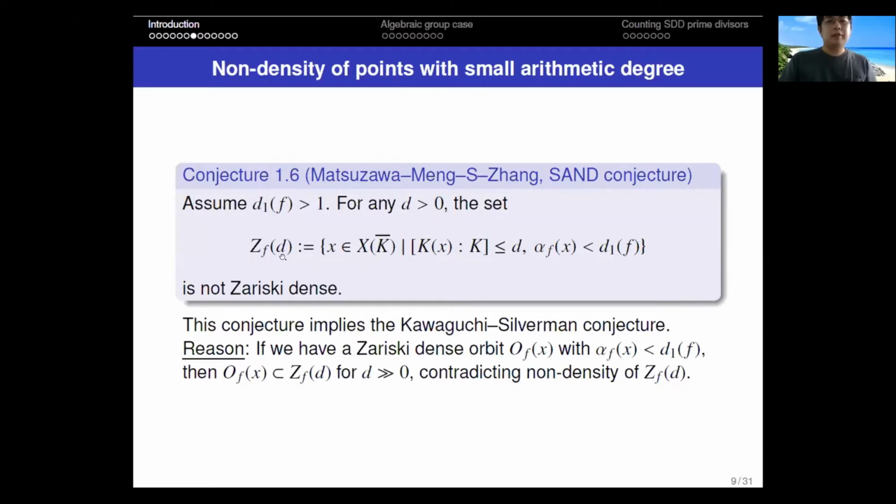Then the set Z_F(d) is defined as the set of rational points such that the point has extension degree at most d, and the point has a small arithmetic degree. Small means the arithmetic degree does not attain the first dynamical degree. We denote this set by Z_F(d), and then we conjecture that this set is not Zariski dense for any d.